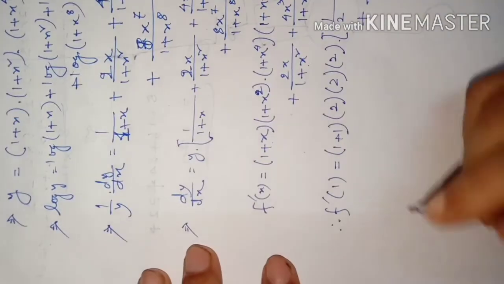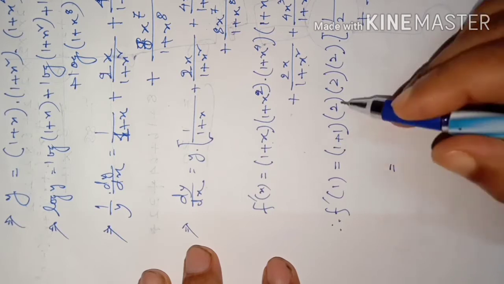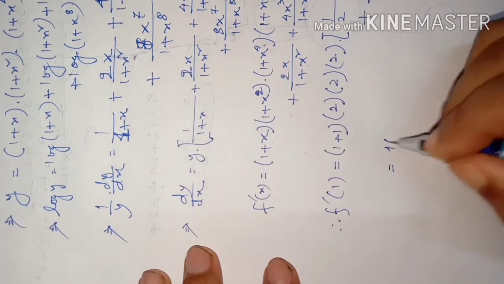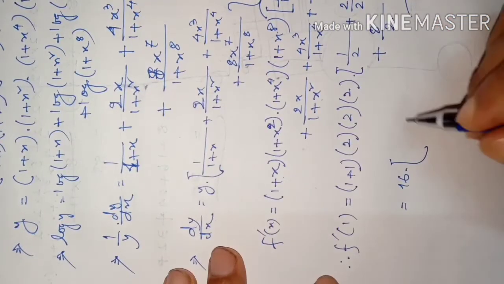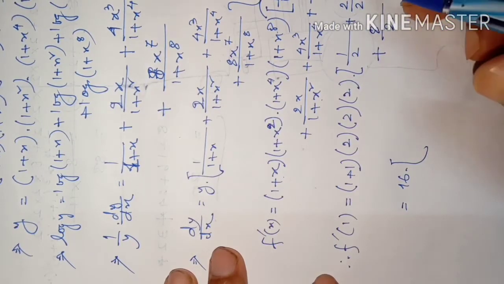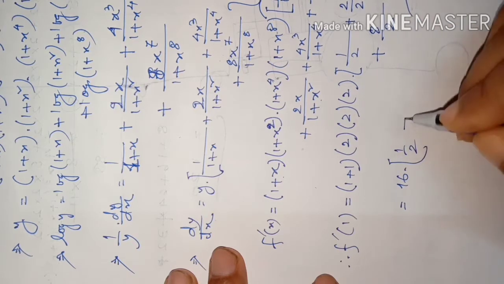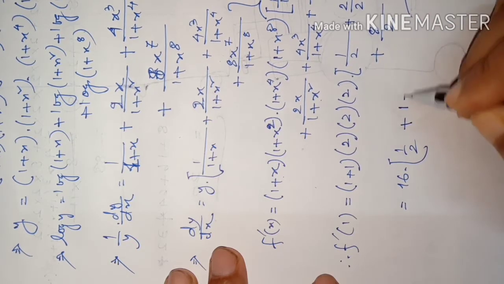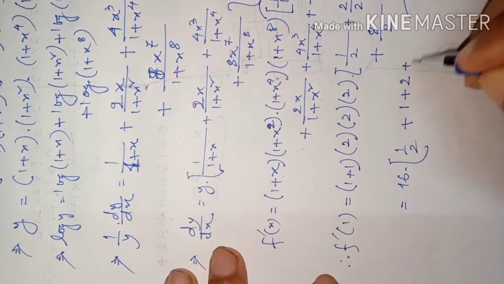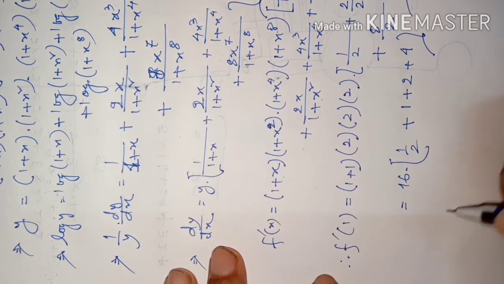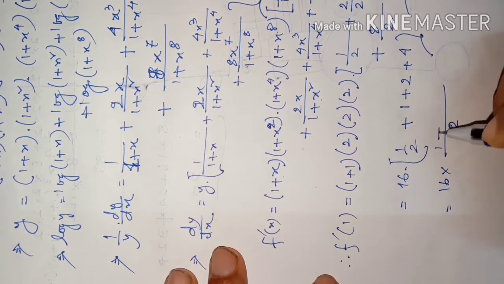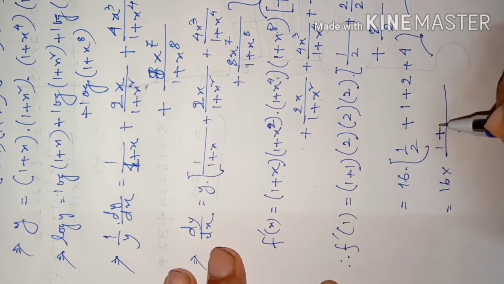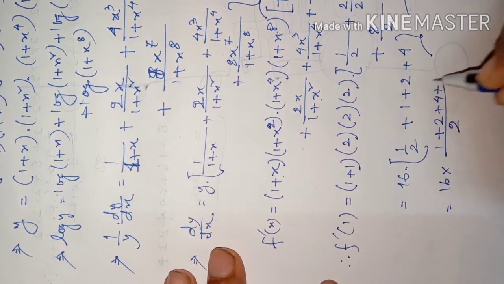So the final thing will be like this. Here will be 2 2 2 2, that is 16: 2 to the 4, 4 to the 8, 8 to the 16. 1 by 2 plus 2 by 2 plus 4 by 2 plus 8 by 2, that is 1 by 2, 2 by 2 is 1, 4 by 2 is 2, 8 by 2 is 4. So here 16 into, LCM is 2, 1 plus 2 plus 4 plus 8.